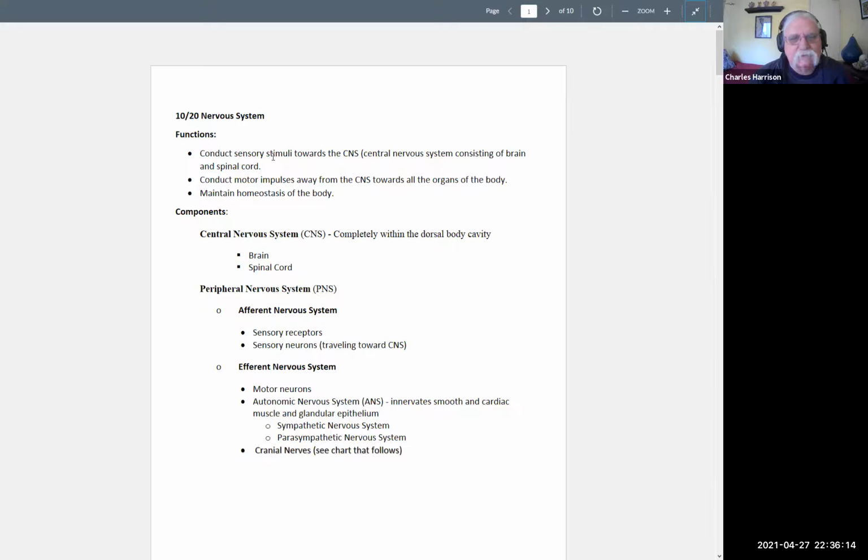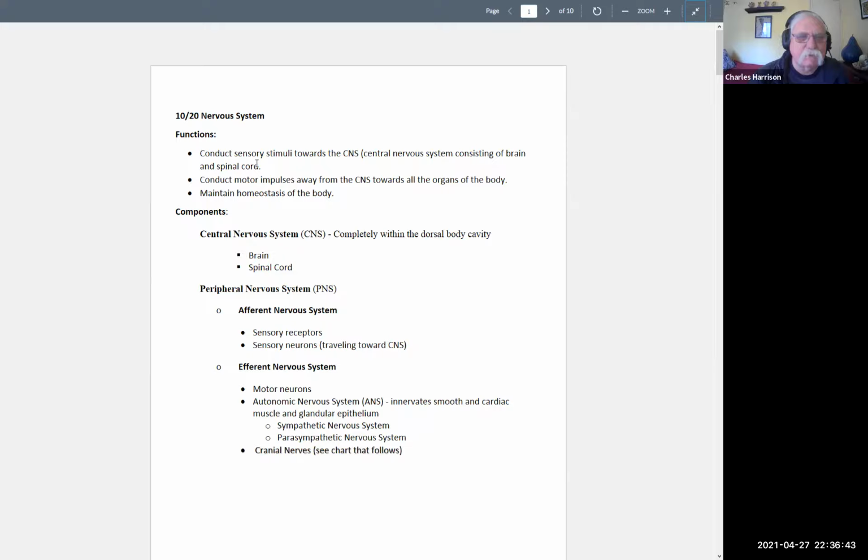Sensory stimuli are also afferent stimuli. Motor or movement impulses are going to the muscles, and these are efferent stimuli. Afferent and efferent can be added in here.